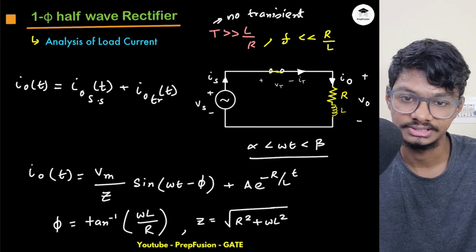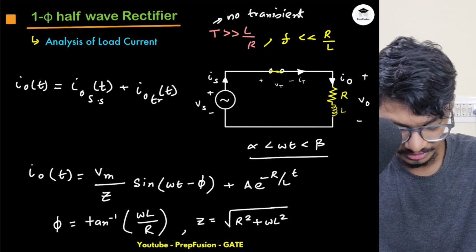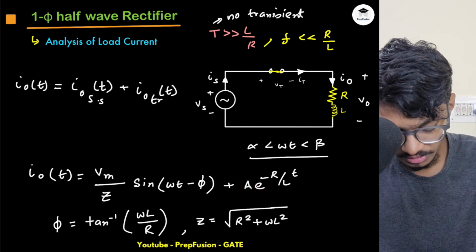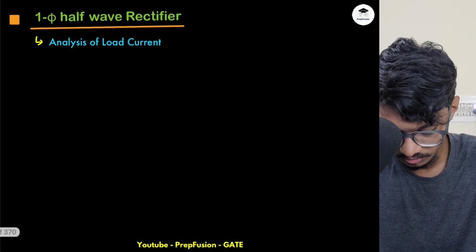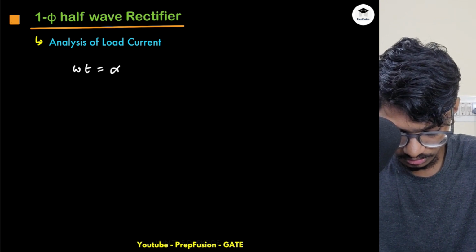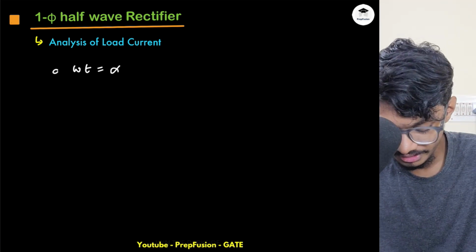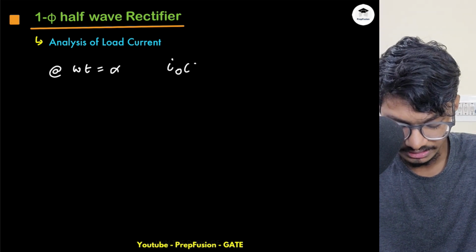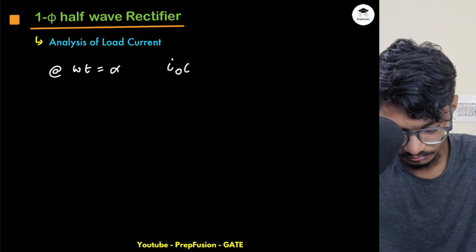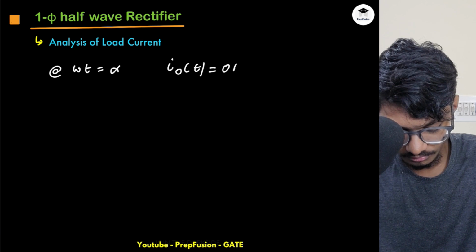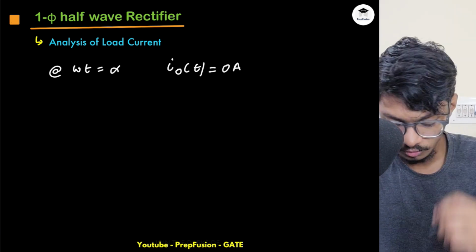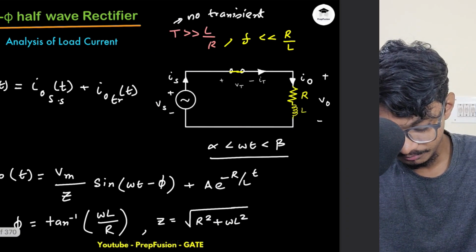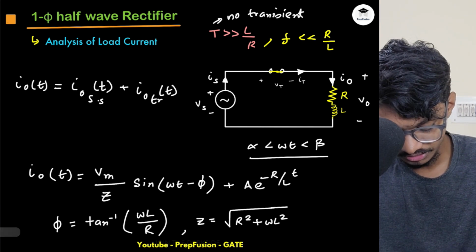But if there is some transient, how will you find out? You will find out this value of A, due to this transient, like this. You put omega t equal to alpha. At omega t equals alpha, I know that my Io of t is 0 amperes. So I can put this 0 in this total equation.